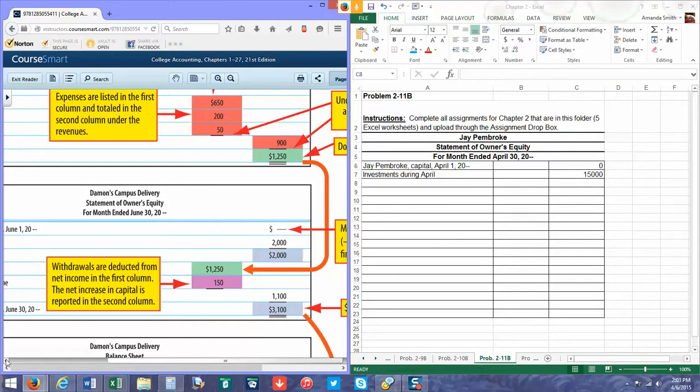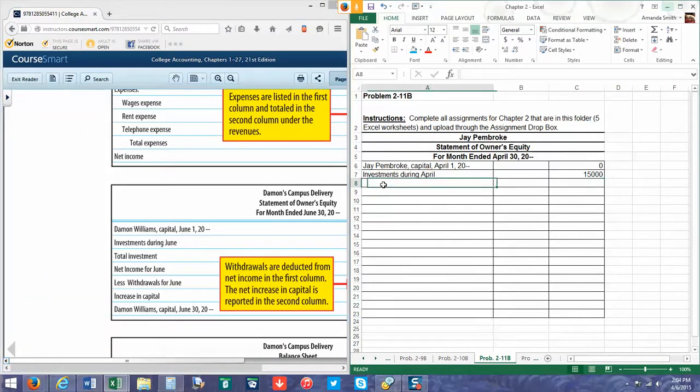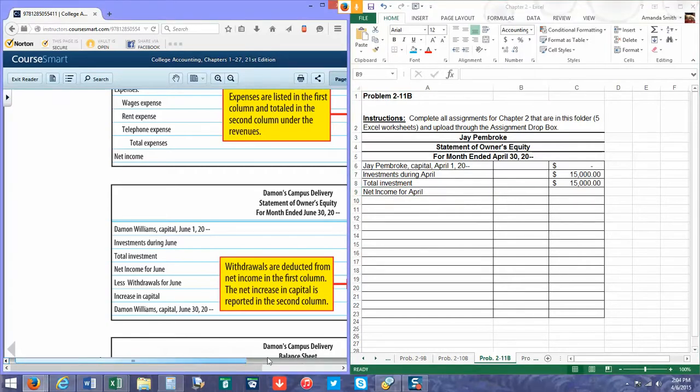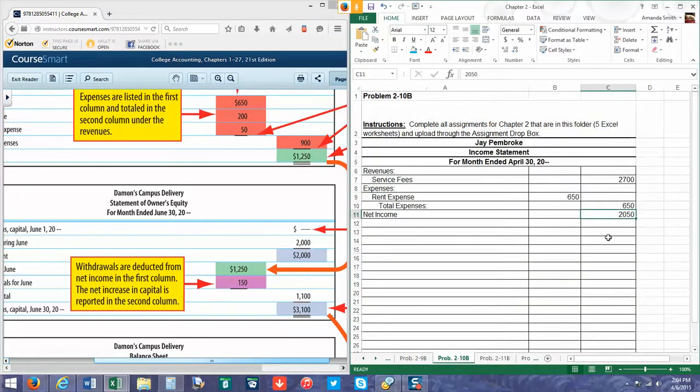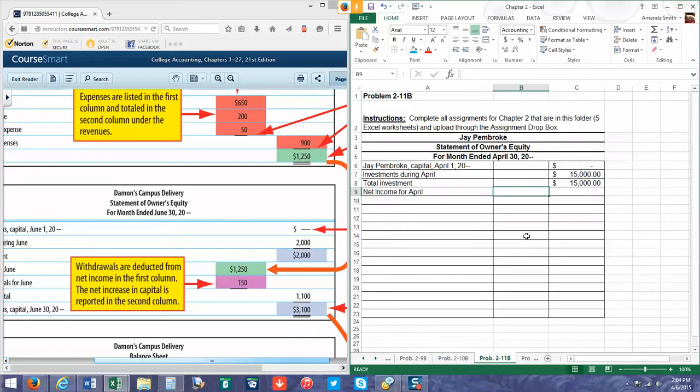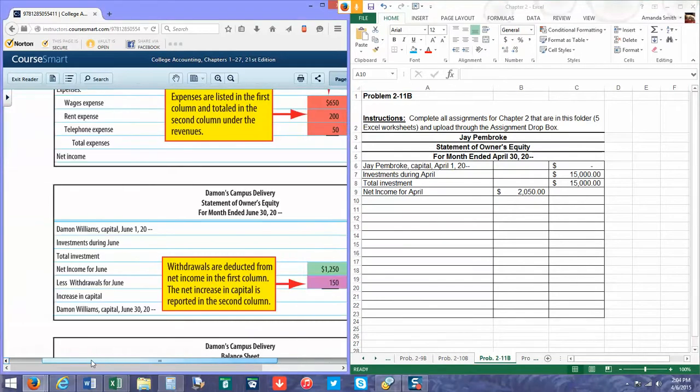And then we're going to put total investment is 15,000. I'm going to change these to dollar values real quick. There we go. So our net income for April, that is going to be the amount that we got on 2-10, which is the $2,500. Then we have to subtract the drawing, how much the owner took out of the company.